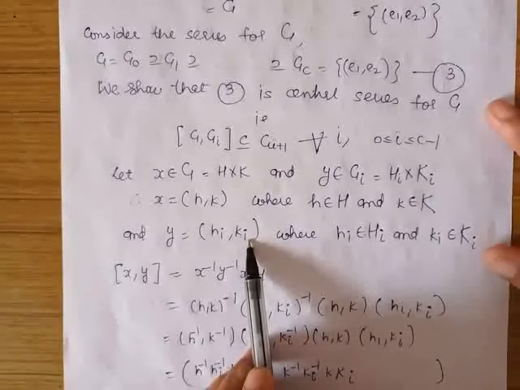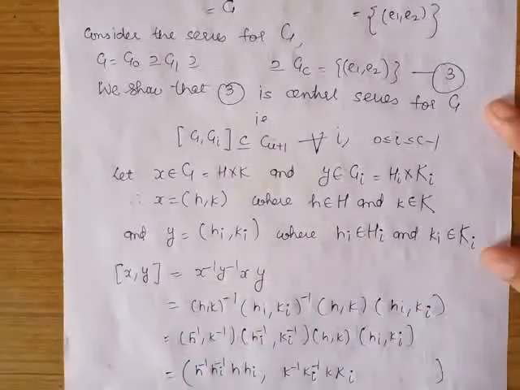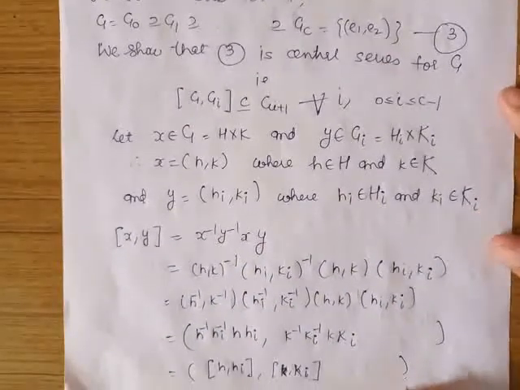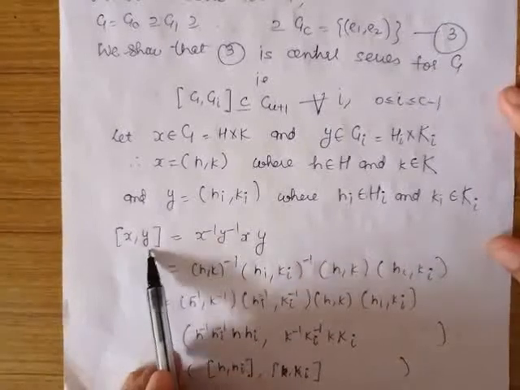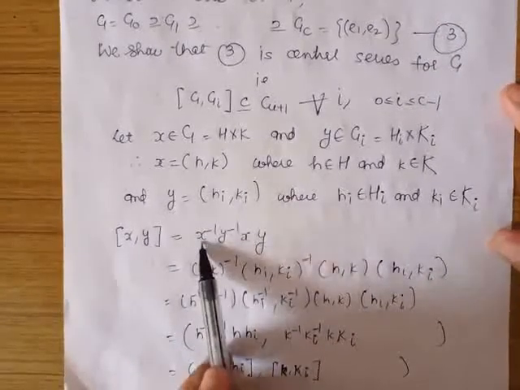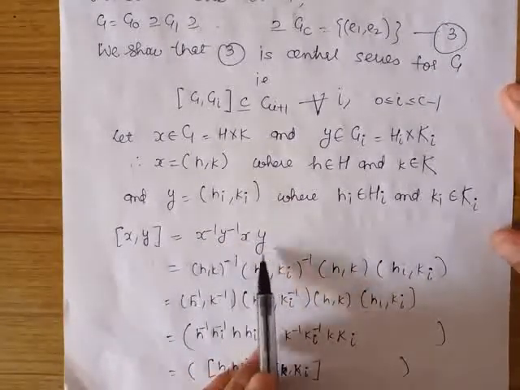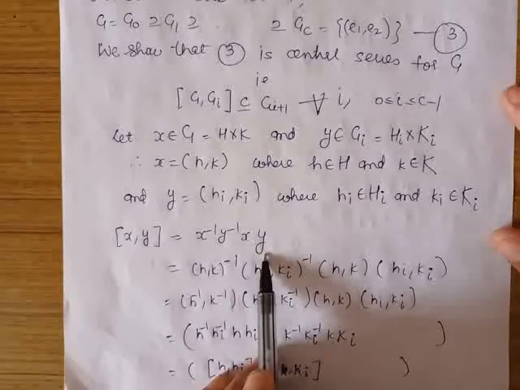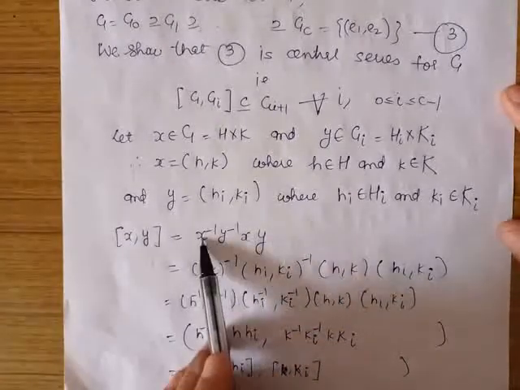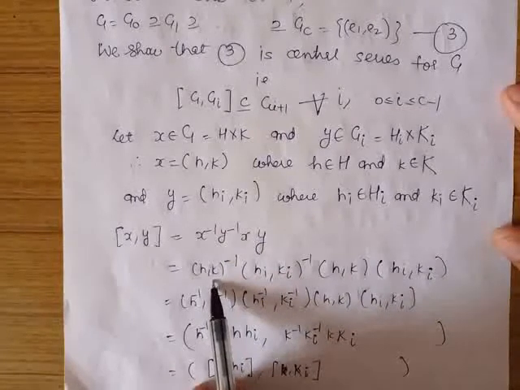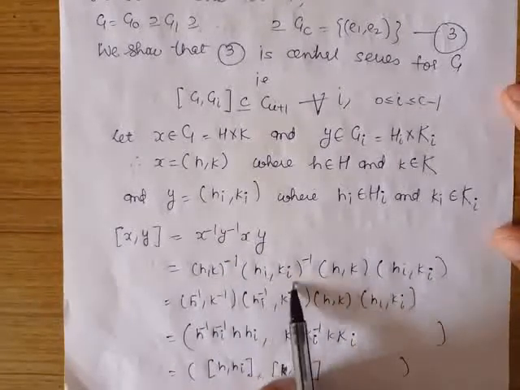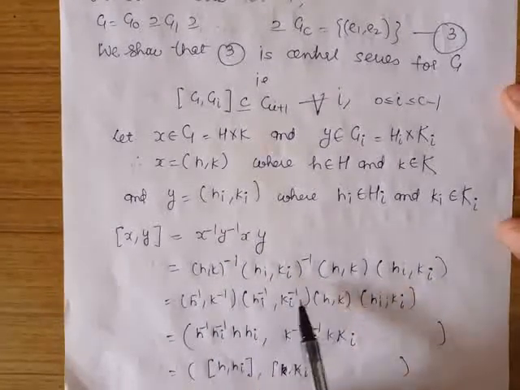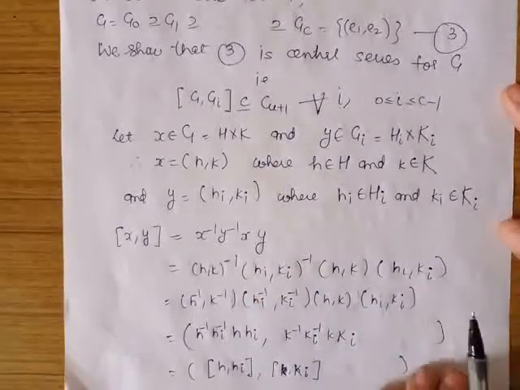Now let us find the commutator of these two elements x and y. By definition, the commutator of x and y is given by x inverse y inverse xy. Substituting the values of x and y here, x is the ordered pair (h, k), y is the ordered pair (hi, ki). Now let us find the value of this expression.